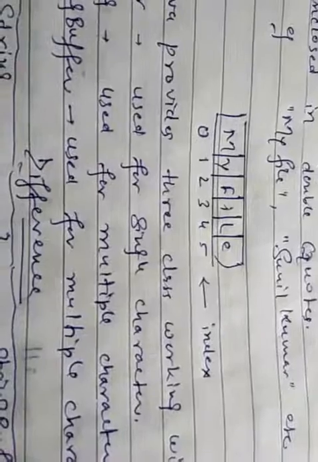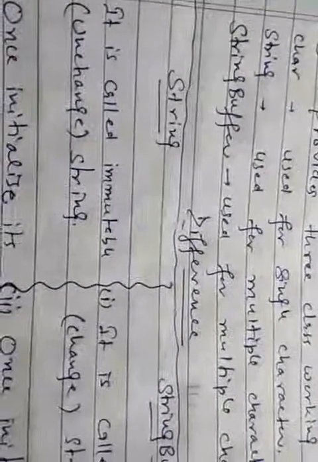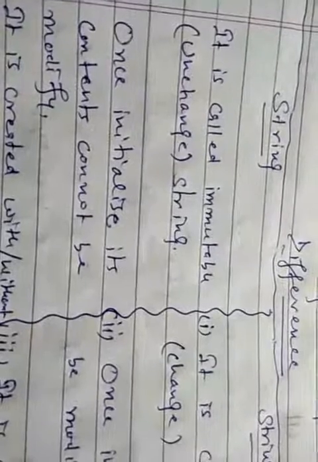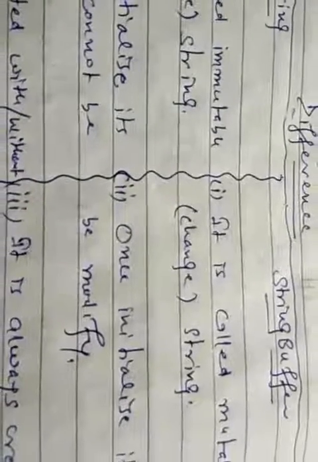So what is the major difference between a String and a StringBuffer? A String is called immutable or unchanged, which means once initialized its content cannot be modified, whereas a StringBuffer is called a mutable string. Once initialized it can be modified.